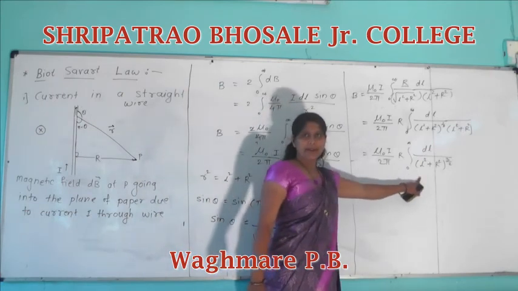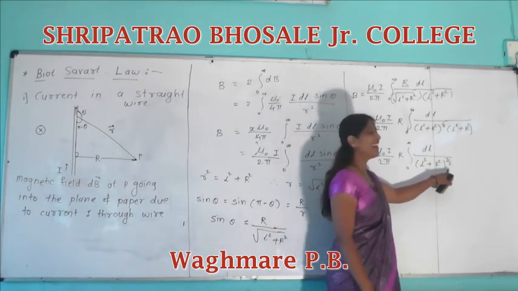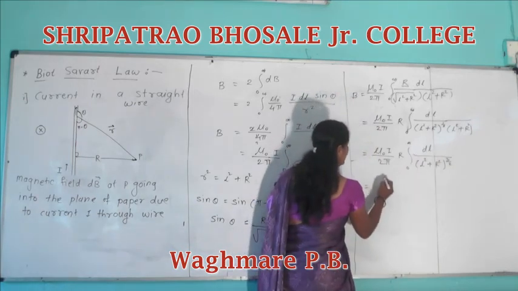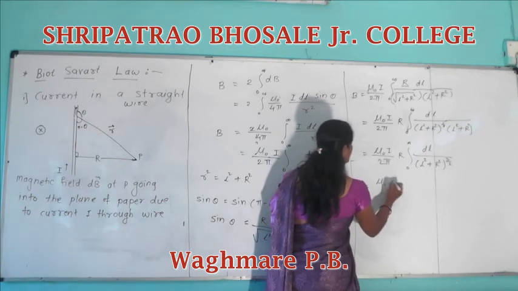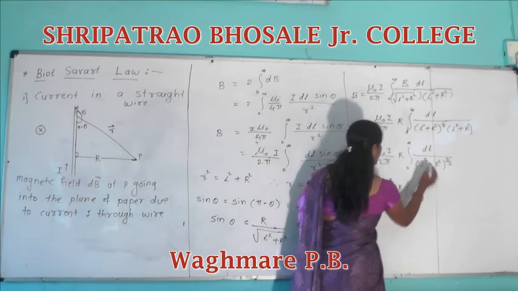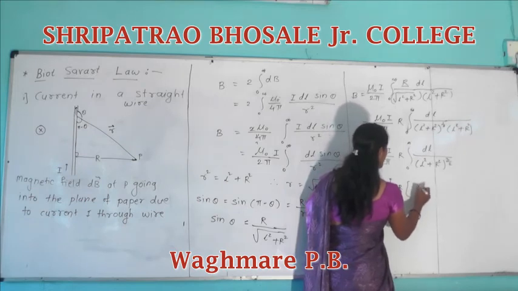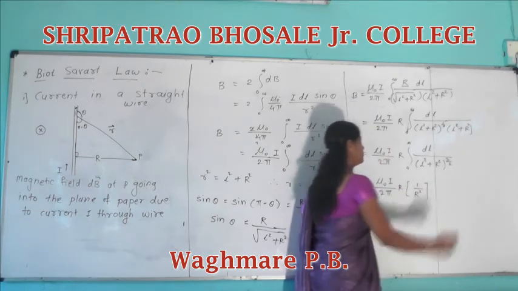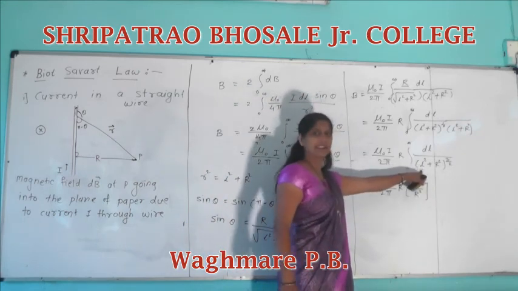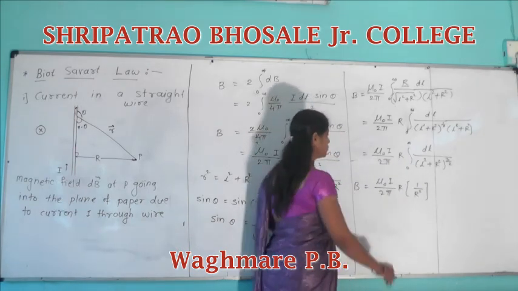By using the mathematical formula of integration of 1 upon L square plus R square raised to 3/2 with respect to dl, the integration of this term will be equal to 1/R square.